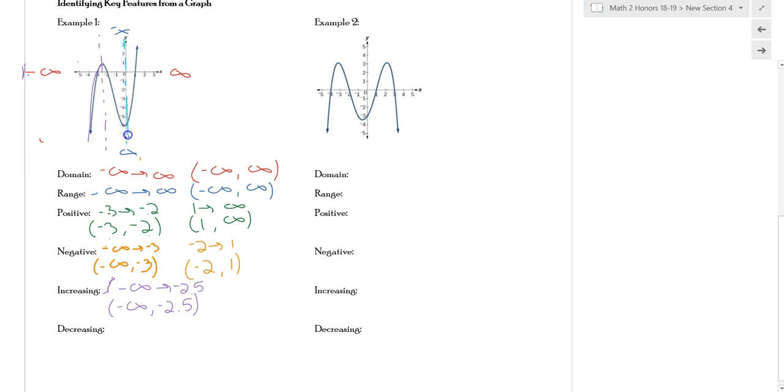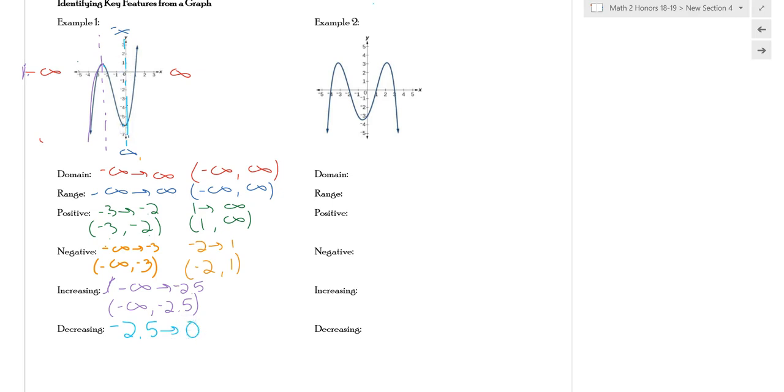Then we want to look at our next point, our next max or min, which is here. I'm going to draw that. And again, we're using our x values. So this is going from a high point to a low point. It's decreasing. That's starting at negative 2.5 and going to, this looks to be 0.